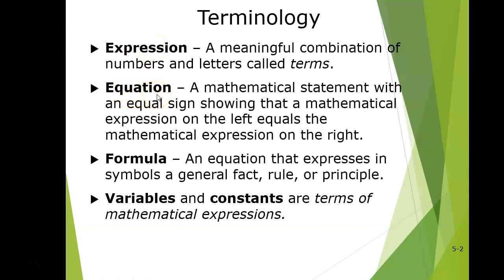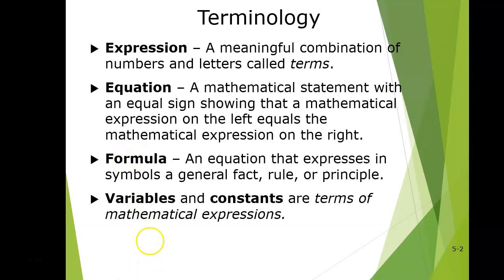We can also use what's called a mathematical equation, which is a statement with an equal sign showing that the left-hand side of the equation must equal the right-hand side of the equation. We can also derive what's called a formula, which is an equation that expresses in symbols a general fact, rule, or principle, and we'll talk more about that.